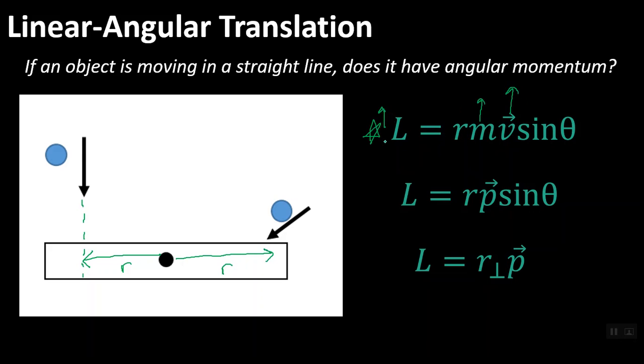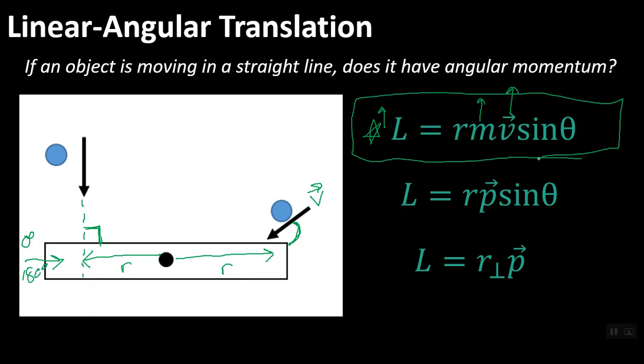We have the speed of the object. More speed will also give you more angular momentum. And then we also had the angle between r and this velocity or momentum vector. And again, this is going to be maximized when we have a direct hit at 90 degrees, minimized if we are acting through the pivot point, which would give us a sine of 0, or of 180 degrees.